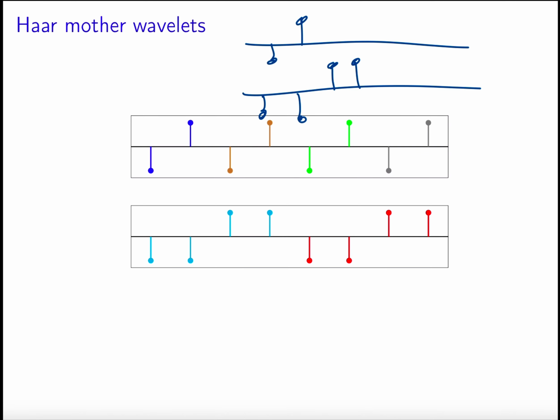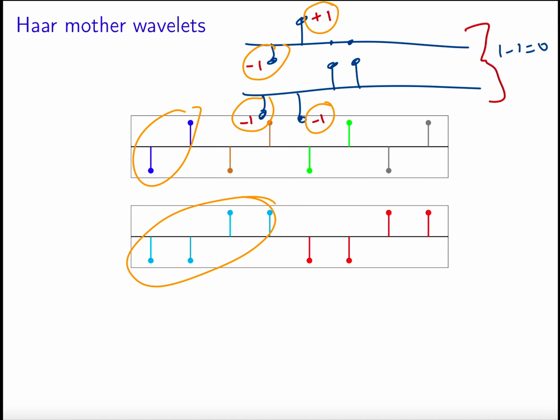When we take the inner product, because this is -1 and this is +1 and this is -1, -1, the inner product of these two guys is just going to be -1 times -1, which is 1, plus +1 times -1, which is -1, and then the rest is going to be 0 because this guy is 0 here. So this is just going to be 0. Okay, so this shows that this guy and this guy are indeed orthogonal, and you can show the same for all the others.